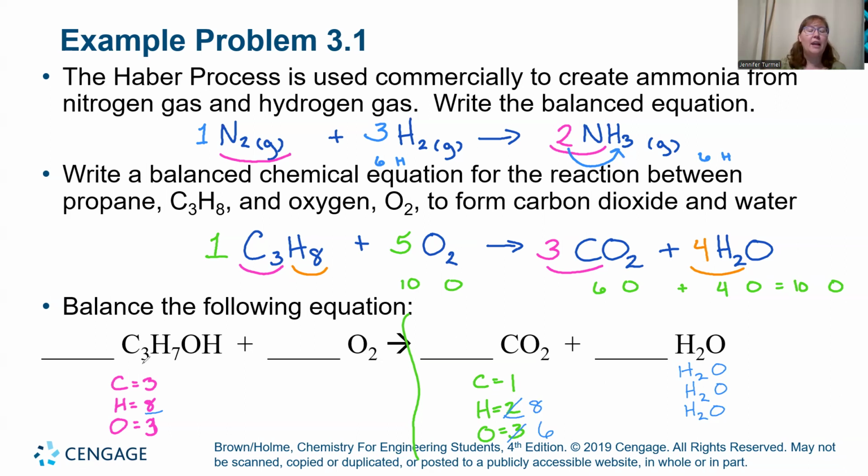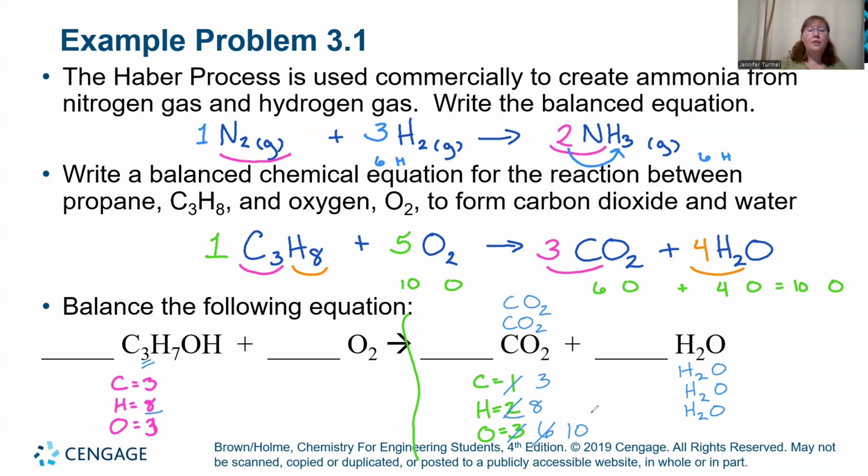But notice here that I have 3 carbons, so I'm going to add 3 more here. Now I have 3 carbons, and I have 2, 4, 6, 7, 8, 9, 10 oxygens.